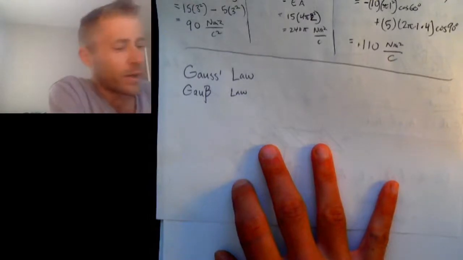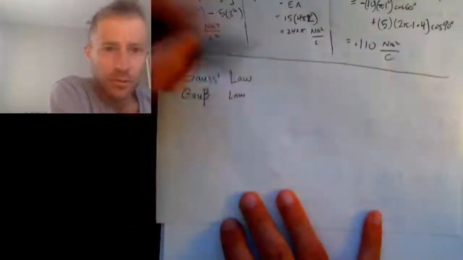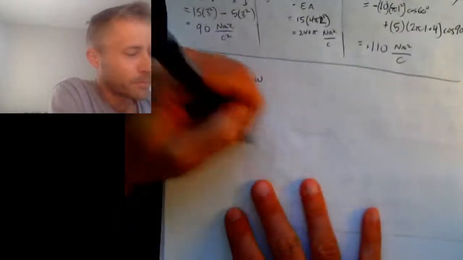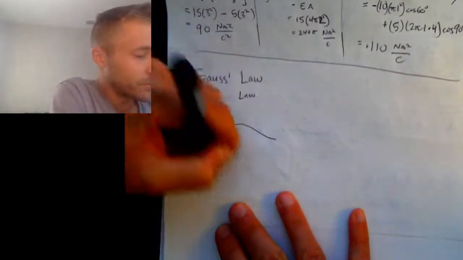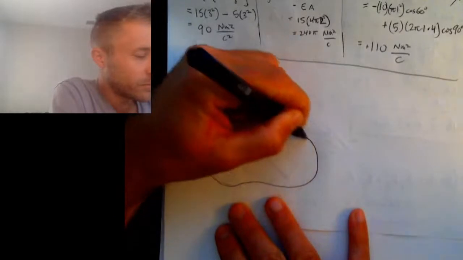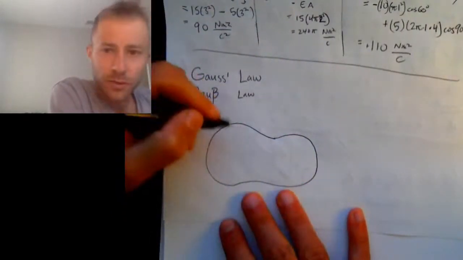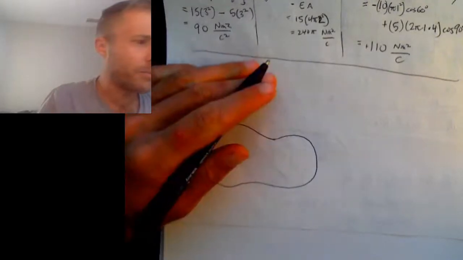And so what Gauss's law says, let's suppose you have a surface. Okay, so here's your surface. Oh, I'm sorry.